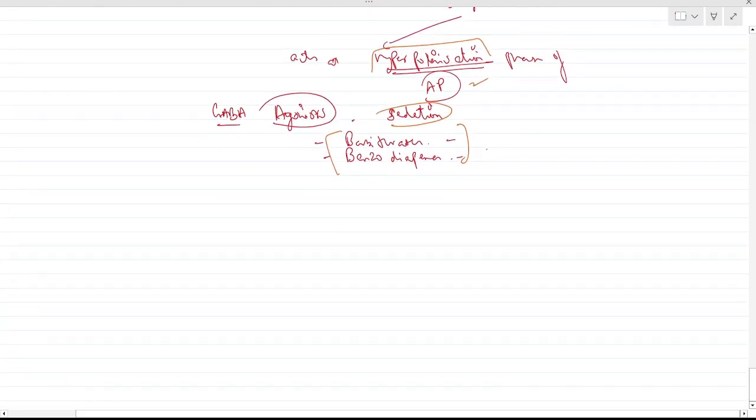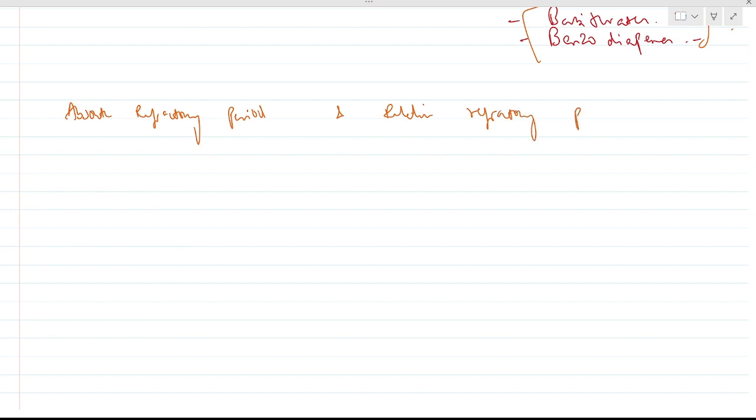Now next, in this discussion of action potentials, we want to see the concept of absolute refractory period and relative refractory period.